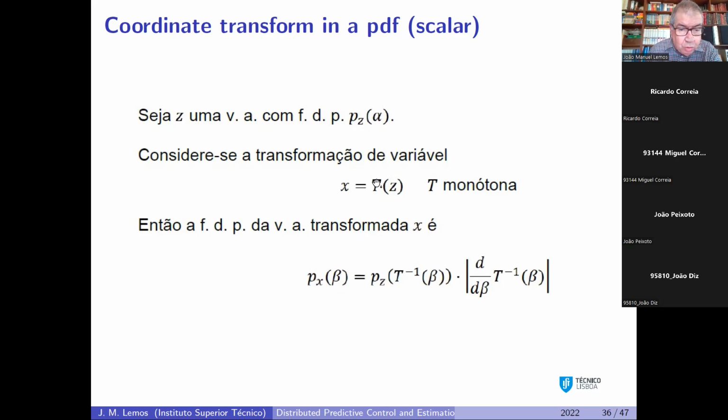And if you know the density of z, what is the probability density function of x? You will have to invert the transformation to map z into x. That's the inverse of t. But then you have to multiply by the Jacobian of the inverse transformation. This is something that is proven in basic probability courses.